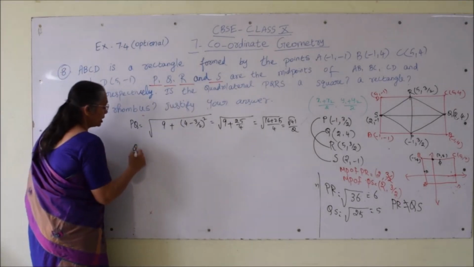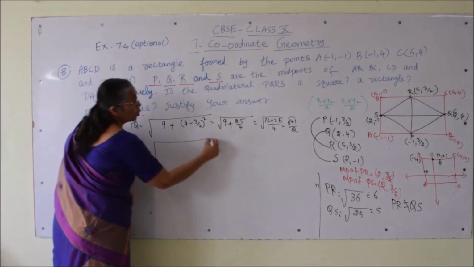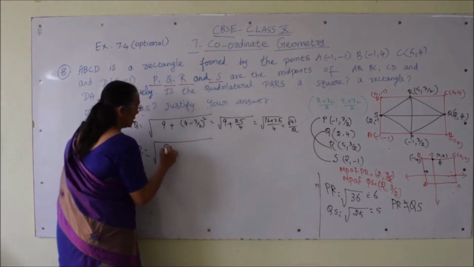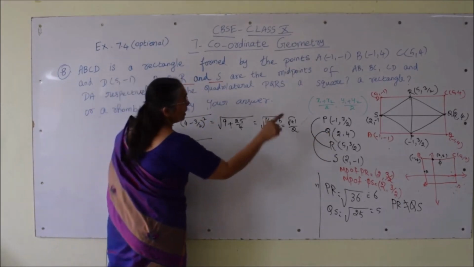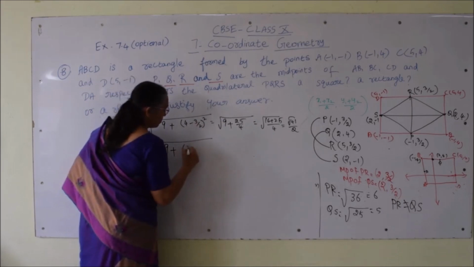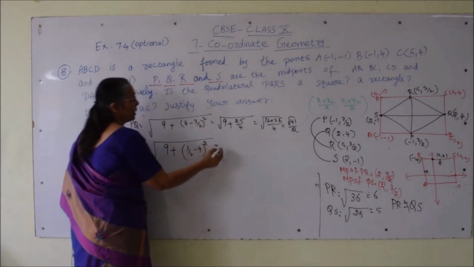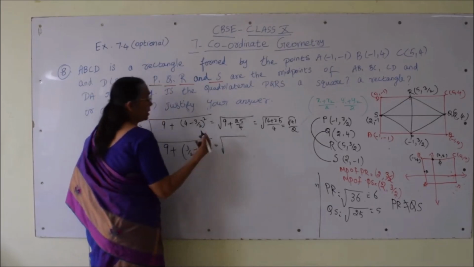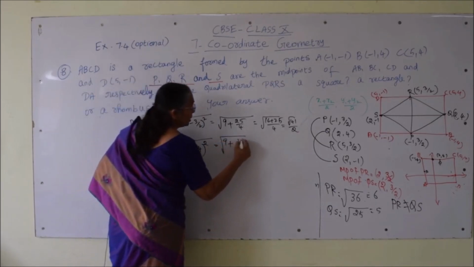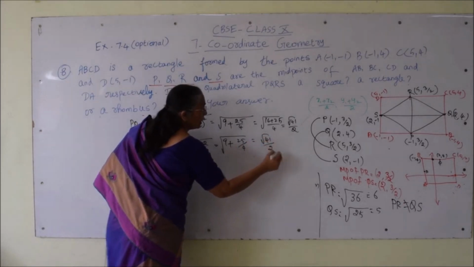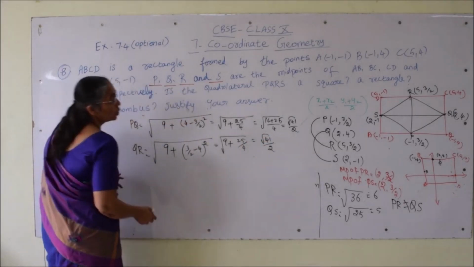Now the QR distance, root over QR. 5 minus 2, 3 square, 9, plus (3 by 2 minus 4) whole square. Whether 4 minus 3 by 2 or 3 by 2 minus 4, both are the same. 9 plus the same 25 by 4 will come, which is root 41 by 2. PQ is done, QR is done.